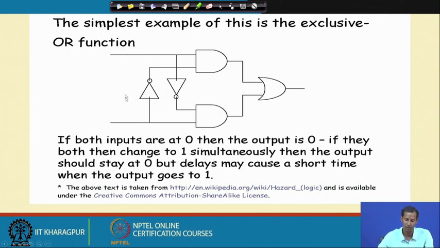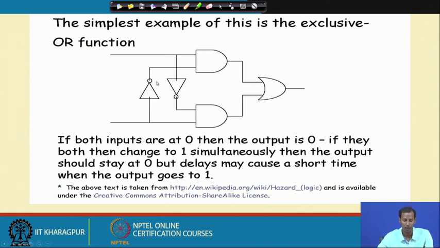With the AND gate, whatever the other input is, this is 0. If they both then change to 1 simultaneously, then the output should stay at 0, but delays may cause a short time when the output goes to 1.